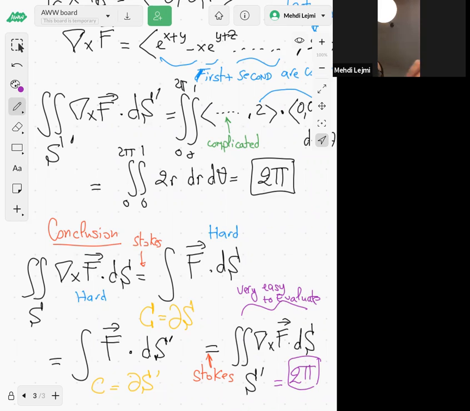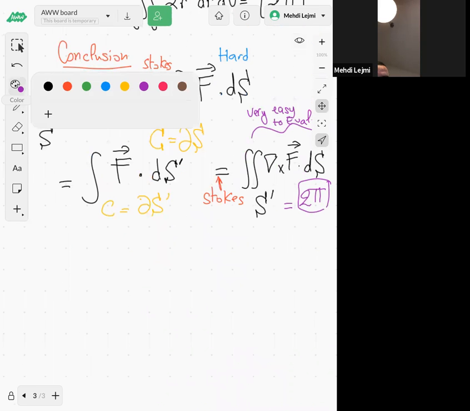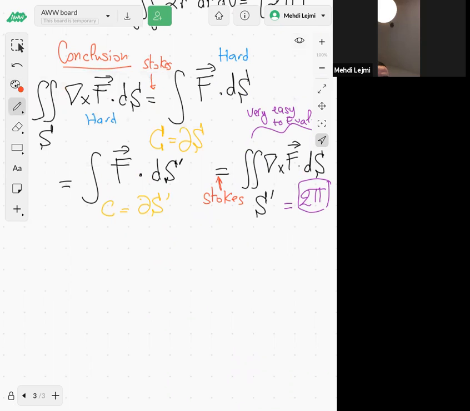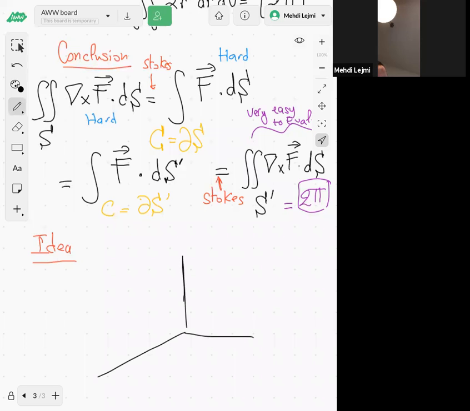So the idea here, guys, let me just remind you again what we did. We started with this kind of complicated vector field F. We have this surface S, this graph here, and this surface S has a boundary, which is some circle here.